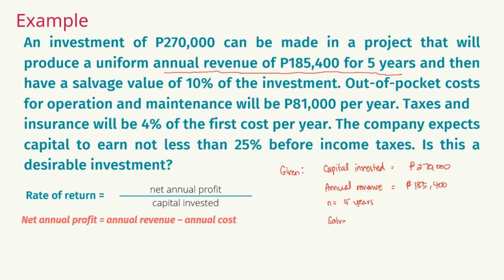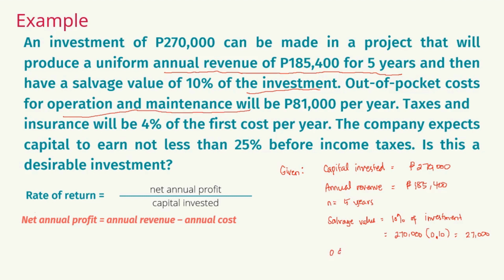Given ka ng salvage value which is 10% of the investment. So that is equivalent to 270,000 times 0.10, which is 10%. That is 27,000 pesos.